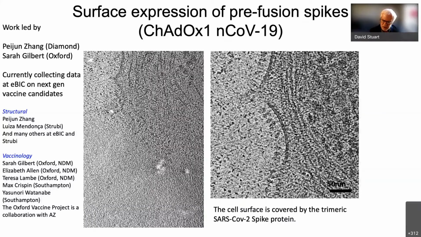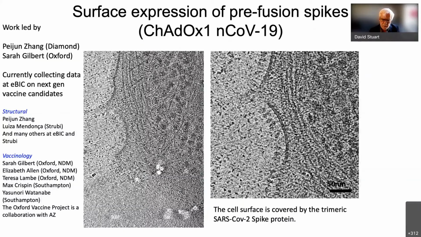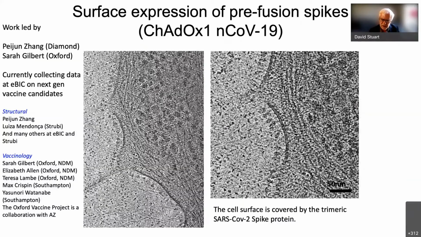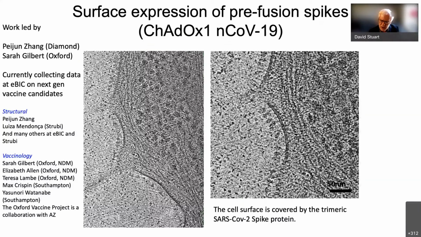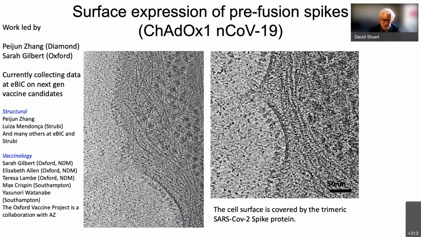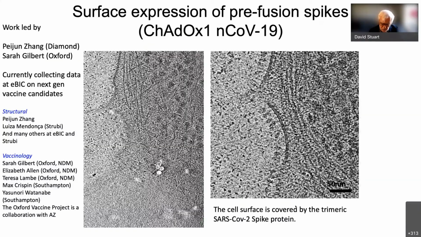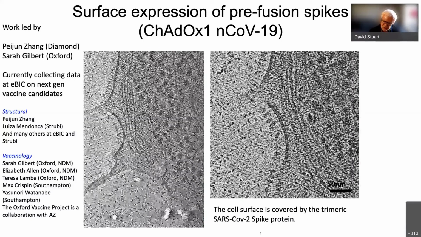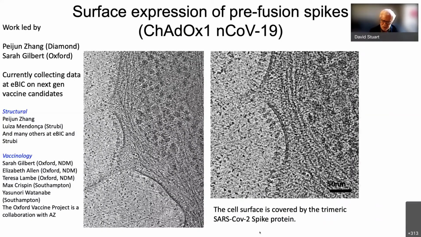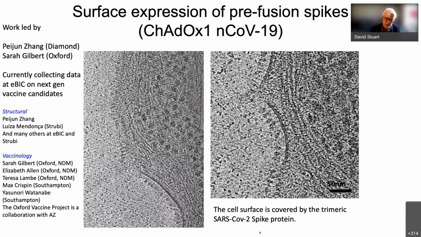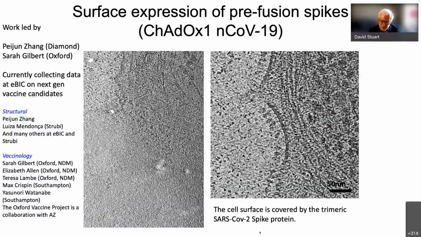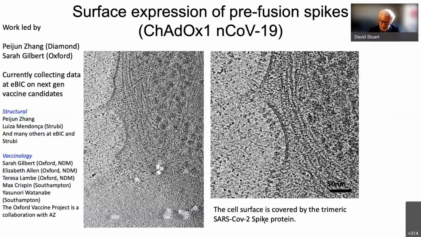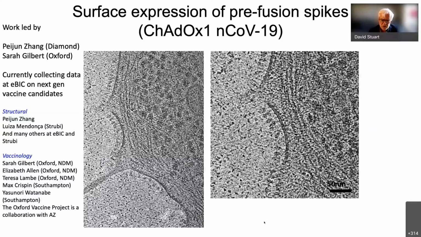This is cellular tomography applied to cells that have been infected with the ChAdOx1 vaccine, very large amounts of which have been produced in India, of course, and in other places. Here the adenovirus has infected these cells, just a few hours after infection, and this work is led by Pei-Jun Zhang and Sarah Gilbert in Oxford.